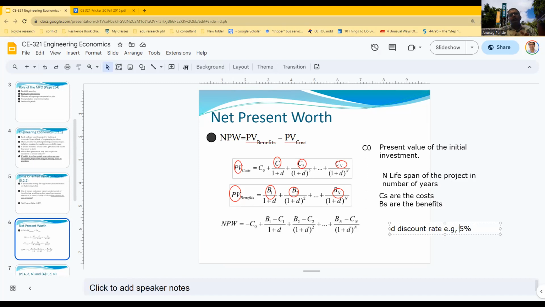So let's think about some numbers here. I want to figure out the present value of $100. Let's say C1, your cost at the end of year one, is $100. To find the present value, it's the 5% interest that I could have earned.